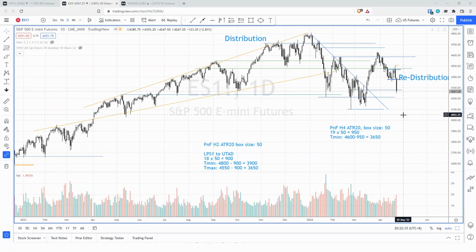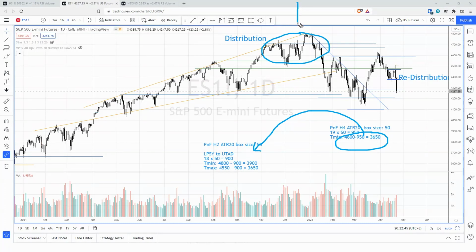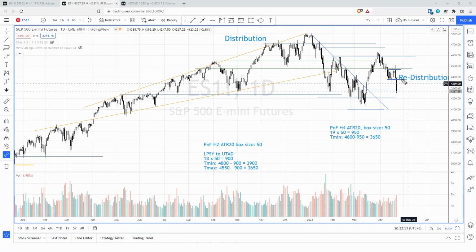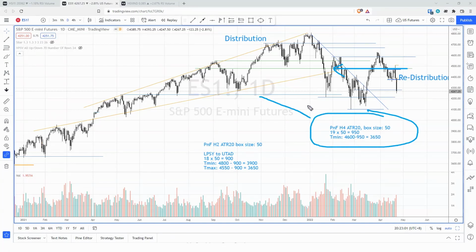I have the calculation from the point and figure chart, somewhere around 3650. That is actually in line with my first calculation from the original distribution area, so that is sort of a confirming count. But even if it's not a confirming count, it still means there are enough causes built within this redistribution for the S&P 500 to reach 3650.